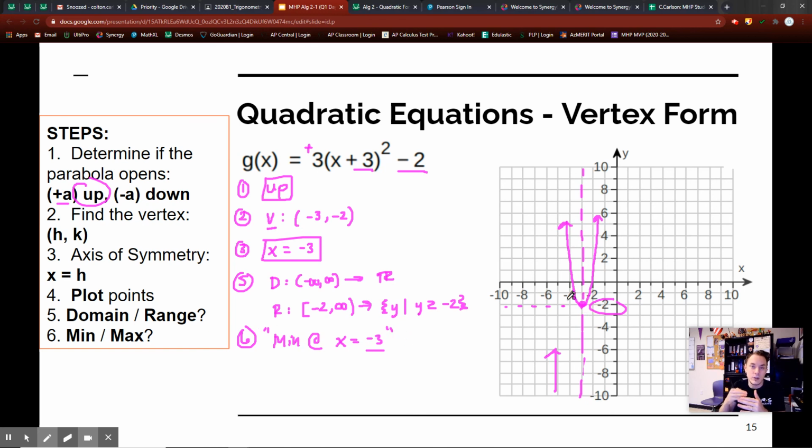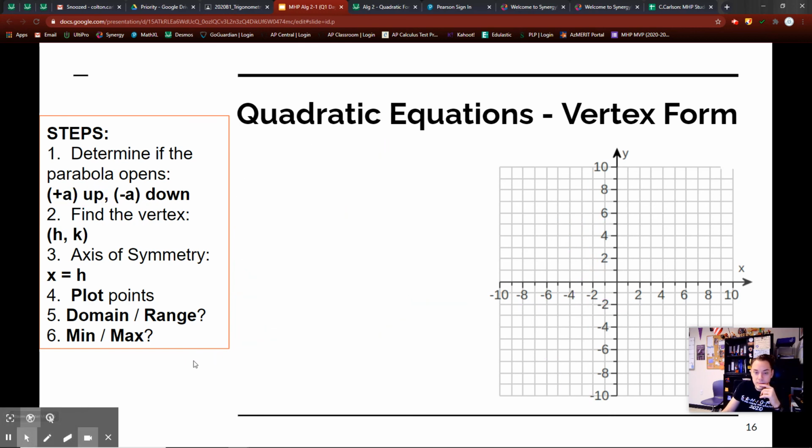It basically tells you if it's being flipped over or flipped down. It's not asking for the actual y value. It's just asking for the min or max. So this is specifically where on your x it's at. It's going to be at x equals negative 3.